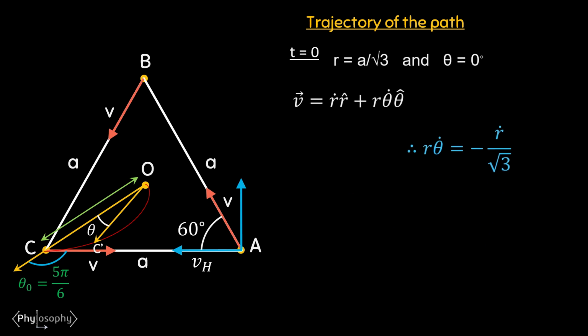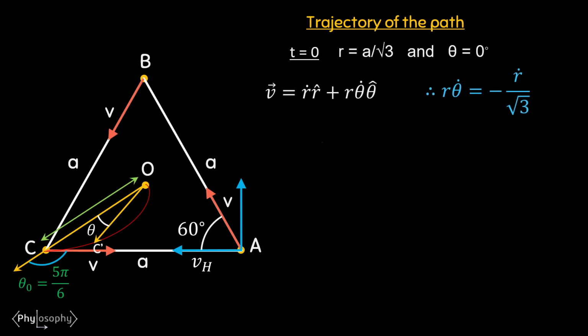Now from the expression of the velocity vector, we can write v² = ṙ² + r²θ̇². Now if we use the relation rθ̇ = -ṙ/√3, then we will get v² = ṙ² + ṙ²/3, or this is equal to 4ṙ²/3.